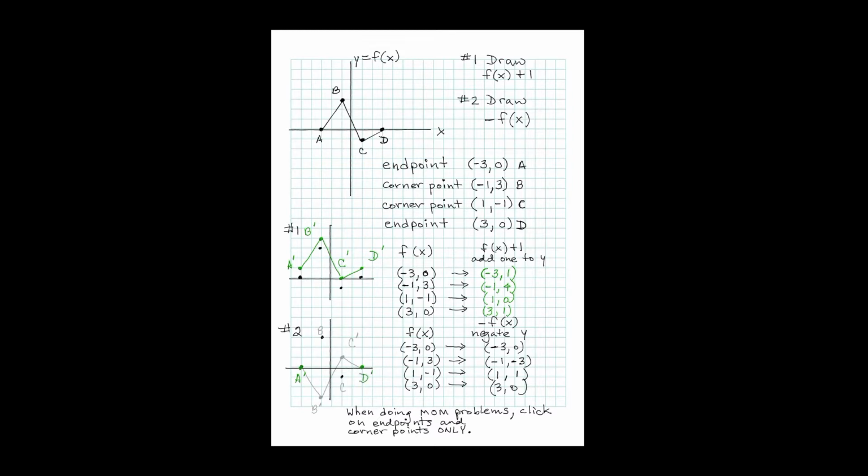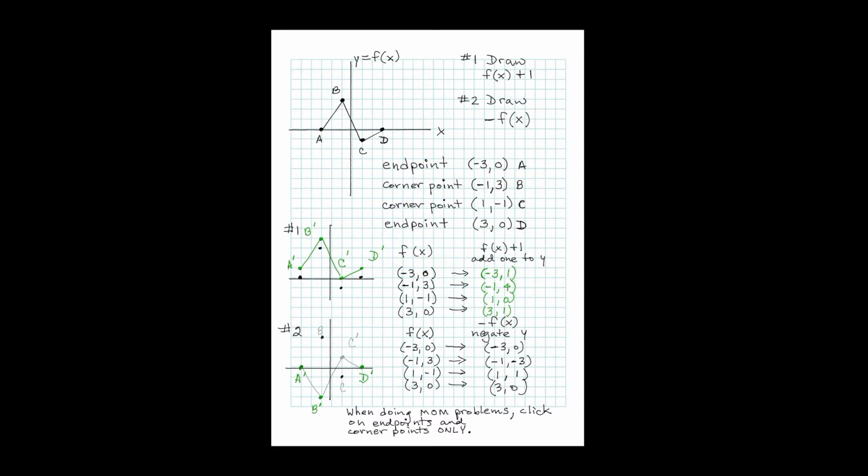But the point -1, 3, which we called point B, when you negate y, you've changed the position to -1, -3. And so B prime is the original B point reflected across the x-axis.